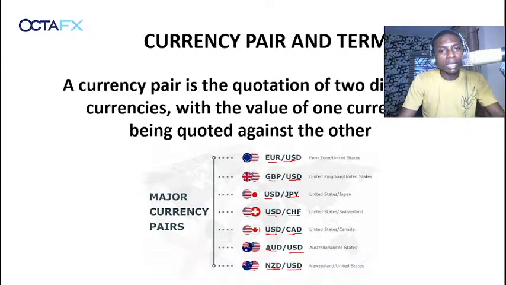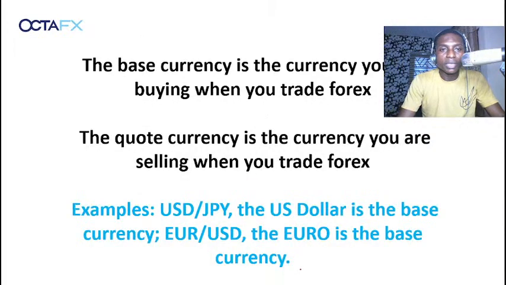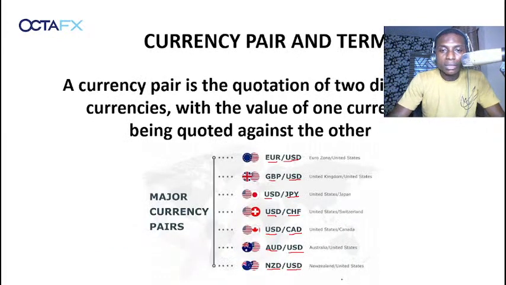Fantastic. Now let's take a deeper dive to look into what this currency pair is. I said earlier that a currency pair is a base currency and a quote currency. Look at what we have here. We have Euro USD, right?